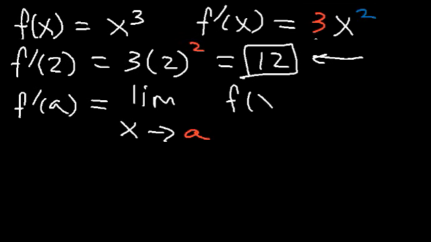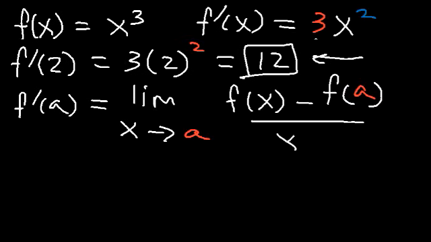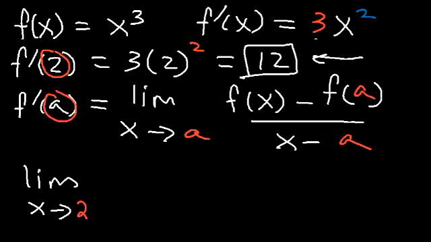And it's f of x minus f of a divided by x minus a. So f of x is simply the original function. In this case, a is 2. a is the number that we're plugging into the derivative function.